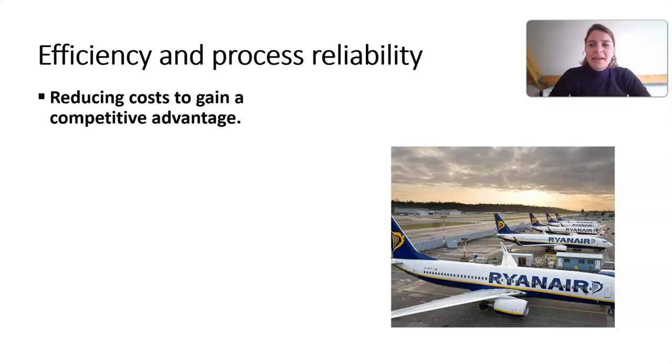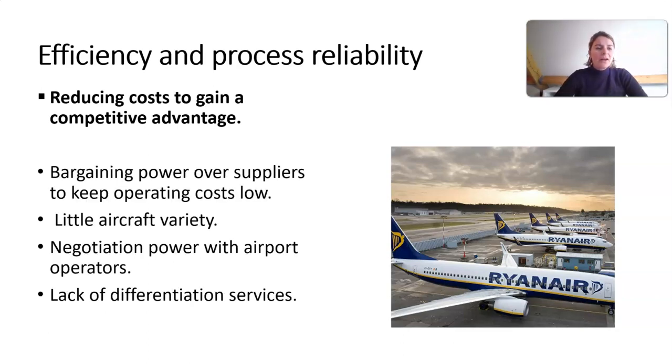What they did was a strategic decision by the top executives of this company to reduce costs and by doing so gain a competitive advantage. And actually they have been very successful by engaging in this specific strategy. They bargain power over suppliers to keep their operating costs low.